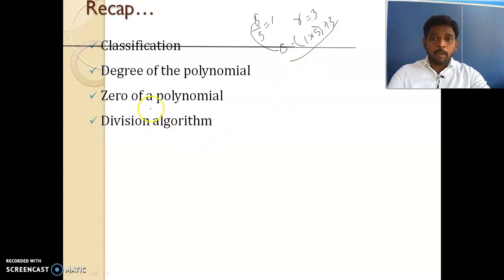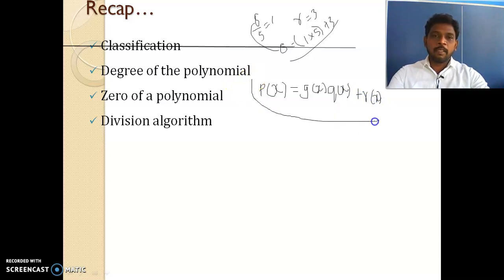Now we are seeing polynomials. In polynomials, how can we express the division algorithm? P of x is any polynomial, the dividend polynomial, and g of x is any divisor polynomial, and q of x is the quotient polynomial, plus r of x.